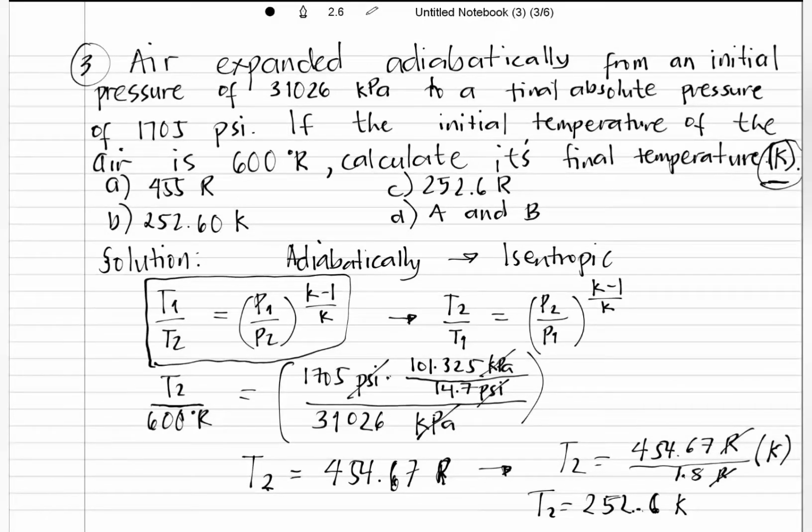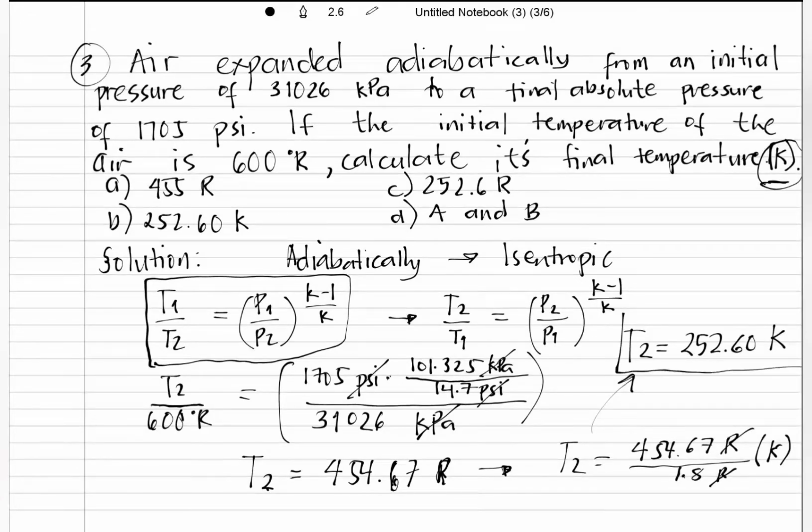So dito ko na lang sa taas siguro ilalagay, para klaro sa inyo. So yung T sub 2 natin will be 252.60 or 252.6 Kelvin. So this is our final answer for our problem number 3.